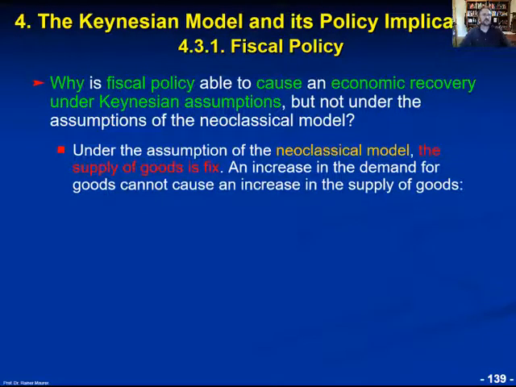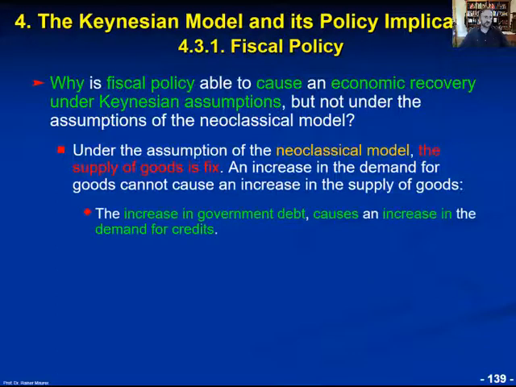Why is fiscal policy able to cause an economic recovery under Keynesian assumptions, but not under the assumptions of the neoclassical model? Well, under the assumptions of the neoclassical model, the supply of goods is fixed by the supply of production factors in last instance. So an increase in the demand for goods cannot cause an increase in the supply of goods. The increase in government debt causes an increase in the demand for credits.